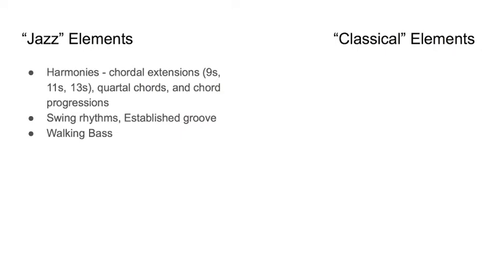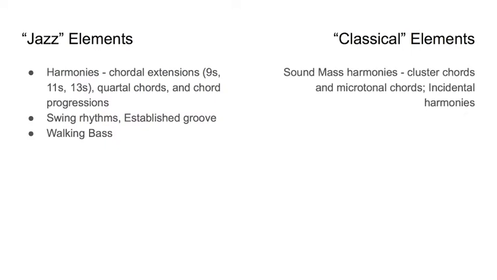I augment this with classical elements, in which incidental harmonies are created from the web of lines occurring from what I'm going to be referring to as the Strut Theme, which I will get to in a bit, and sound masses from the classical world, meaning not just cluster chords, but cluster chords utilizing microtones. In my case, it's quarter step intervals creating this sound mass.